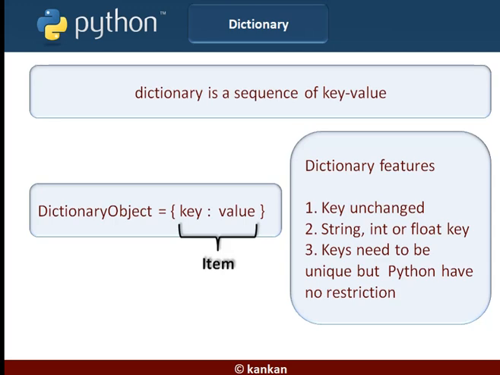And the last feature of a dictionary is that a dictionary is an unordered collection, which means that the order in which you have entered the items in a dictionary may not be preserved, and you may get the items in a different order.